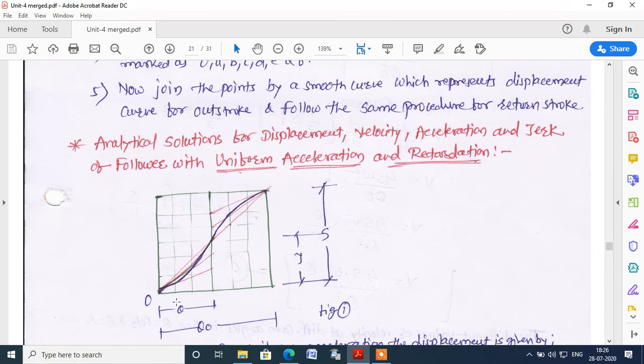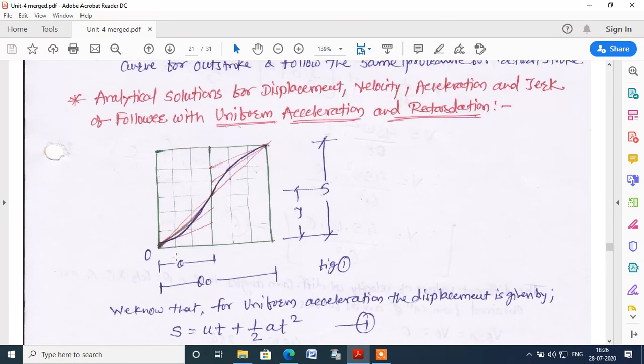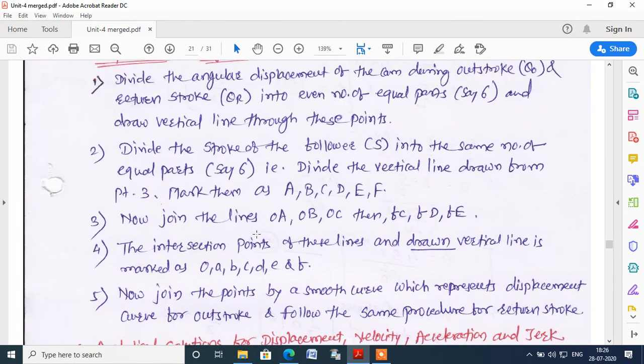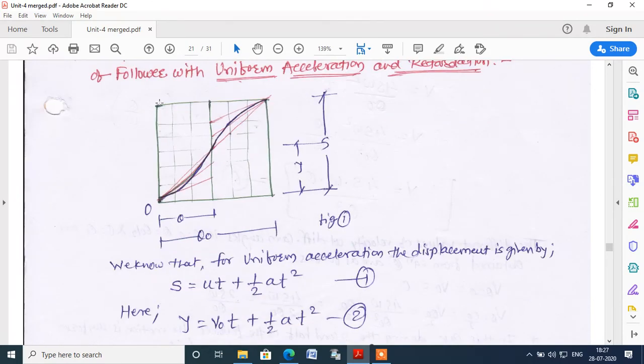So like this, we divide this line, and from each point you draw vertical lines. The next step: divide the stroke of the follower into the same number of equal parts, say 6. So again S is divided into 6 equal parts.